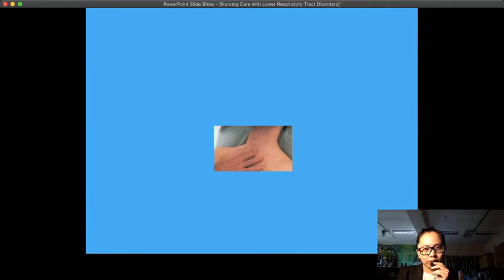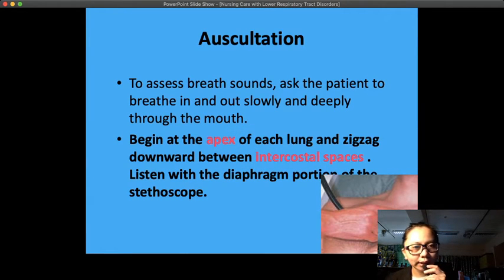Okay. So, auscultation. To assess breath sounds, ask the patient to breathe in and out slowly and deeply through the mouth. Begin at the apex of each lung and zigzag downward between intercostal spaces. Listen with the diaphragm portion of the stethoscope, because it's very sad if you do not know how to auscultate. It's very sad if you do not know what to listen for.